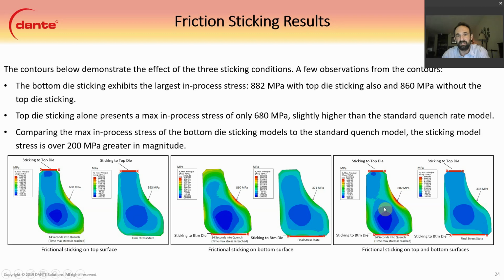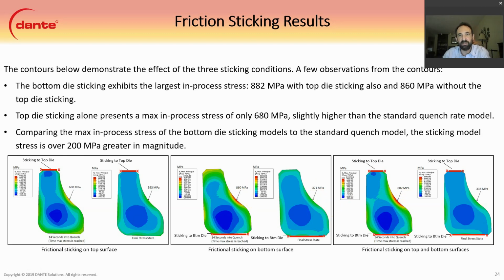You stick the top and the bottom, and it goes up a little bit more. So the final residual stress is actually a little bit lower than with the friction coefficient being applied. But the in-process stress is so high that this is completely unacceptable.